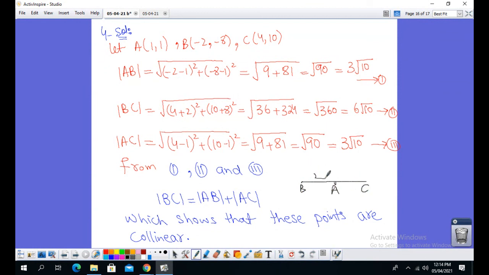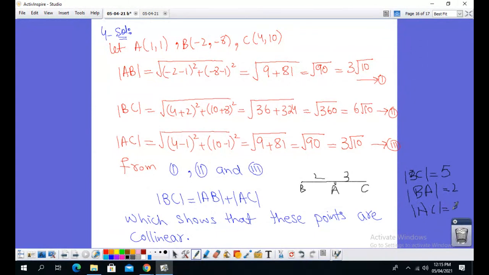Suppose this distance is 2 and this distance is 3. Therefore, what is the distance between B and C? The distance between B and C is 5, because 3 plus 2 becomes 5. What is the distance between B and A? If you see the figure, it is 2. What is the distance between A and C? It is 3.